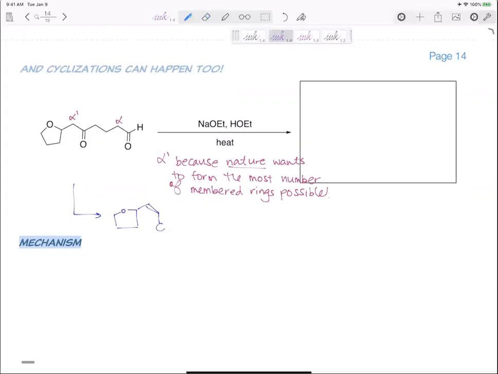Ooh, do you see that enolate flex again? Oof, big guns. Okay. And what you have here would be this product.